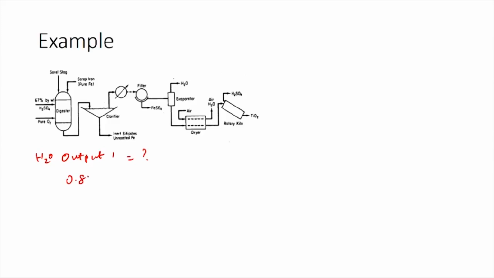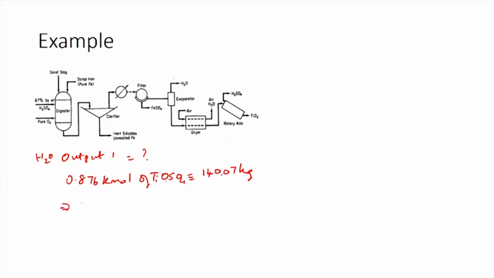So, this 0.876 kilomoles of TiO-SO4 would weigh 140.07 kilograms. So, this 140.07 kilograms constitutes the 82% solution or the slurry which is leaving the evaporator.